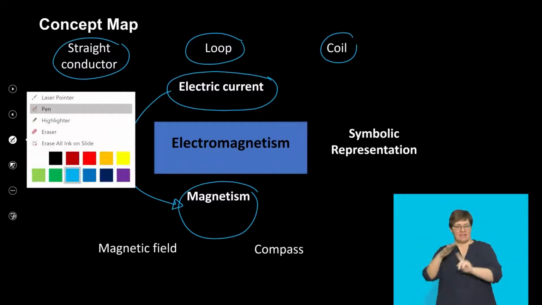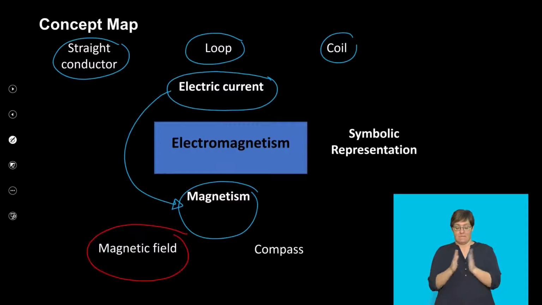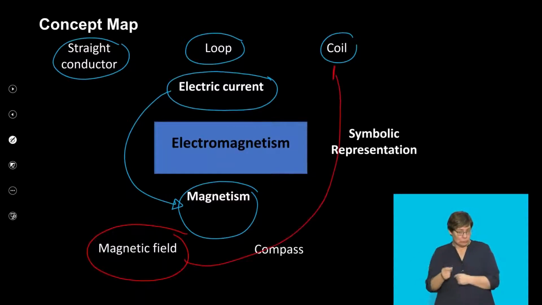However, there's a second option, and it's my favorite one, which says let's rather do something to a magnetic field in a coil, and see if we can make some sort of electric current.